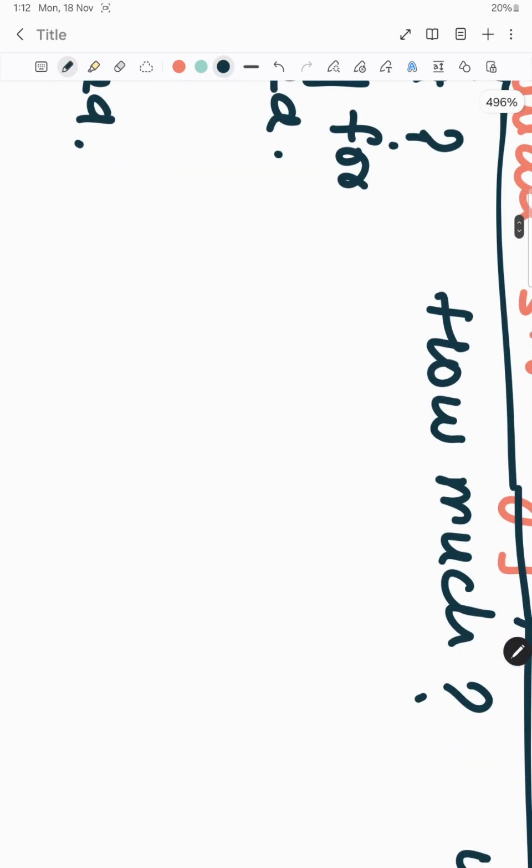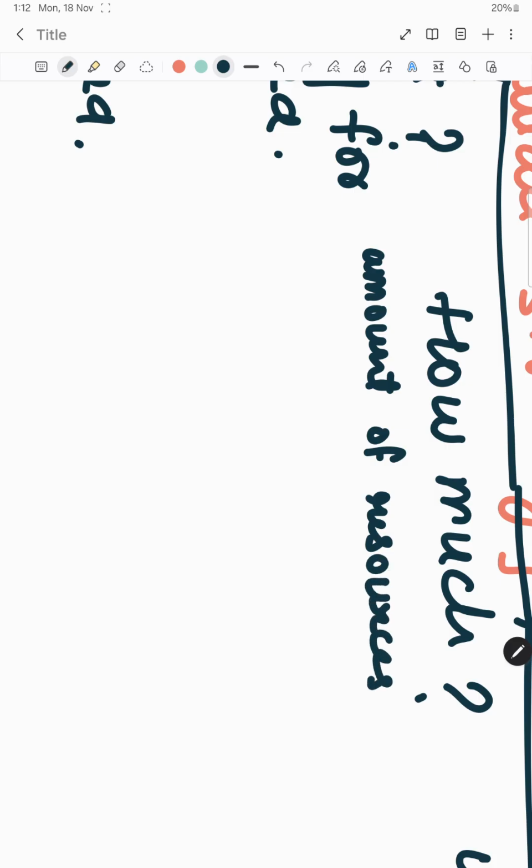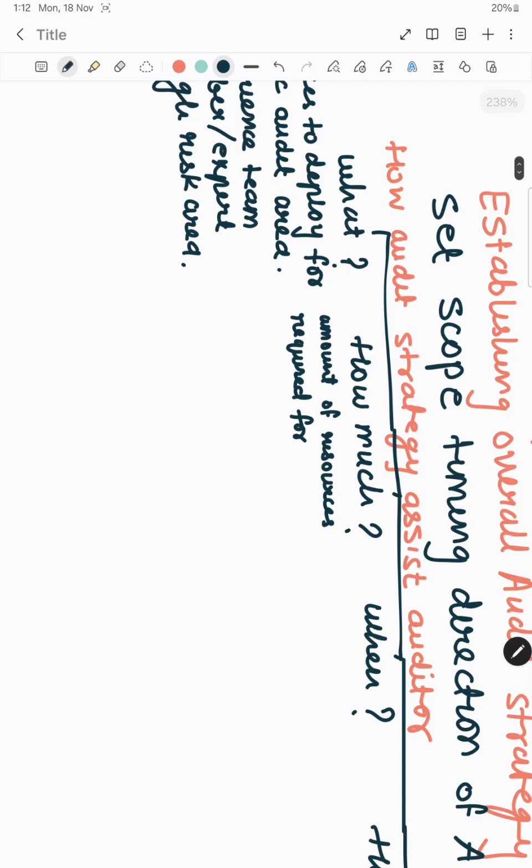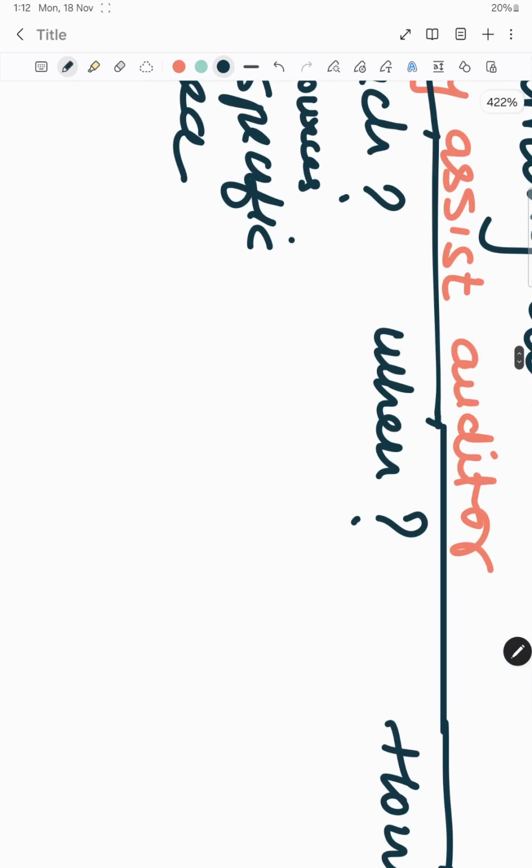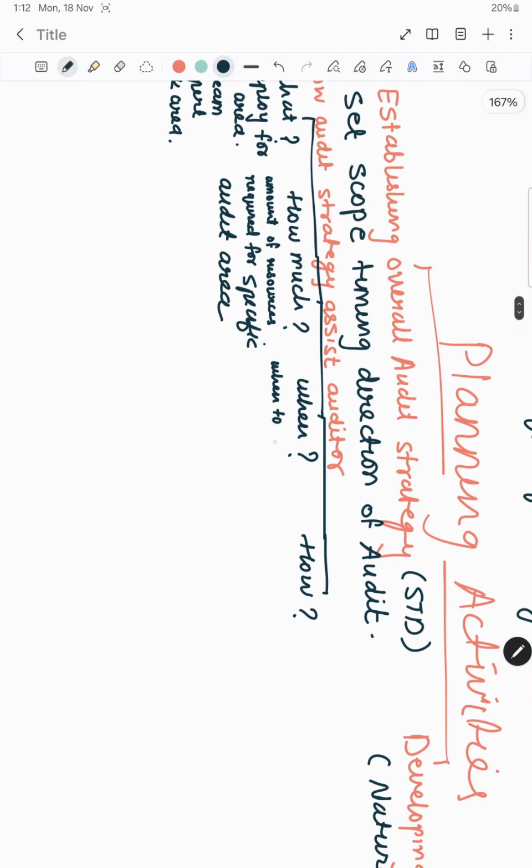How much amount of resources required for specific audit area. Then when to deploy these resources.